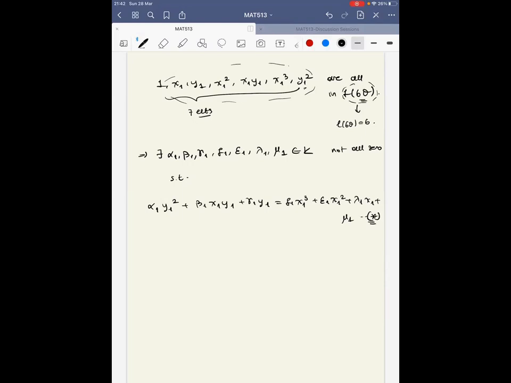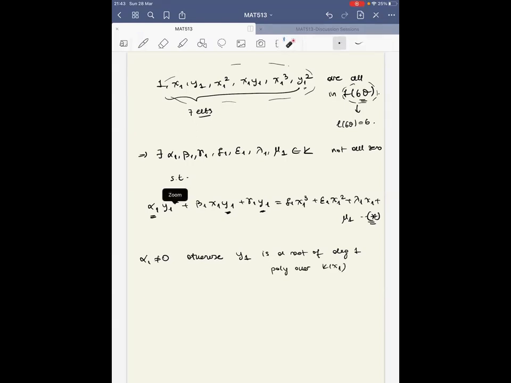So here, first let me observe that indeed alpha 1 should be non-zero, because otherwise y1 will be a root of a degree 1 polynomial over k of x1.